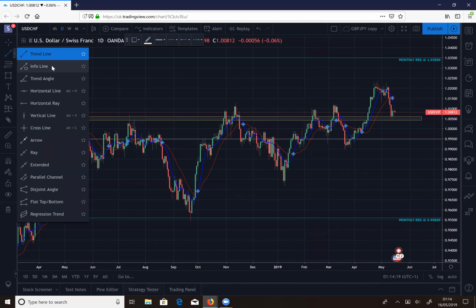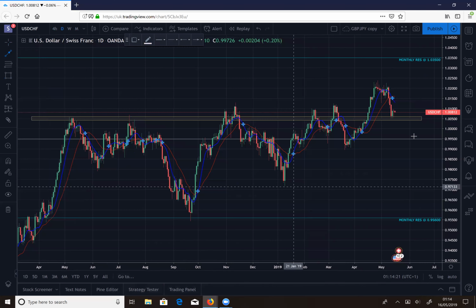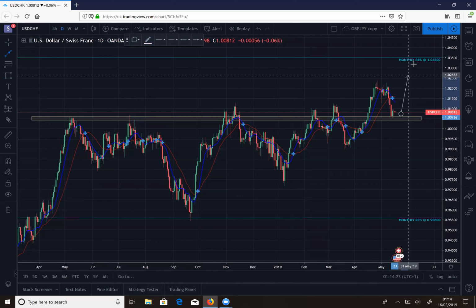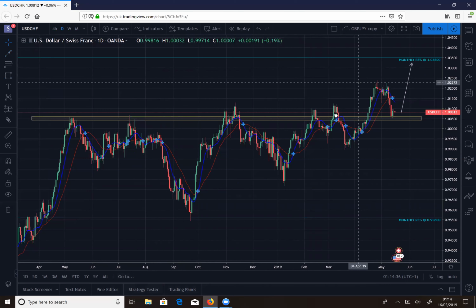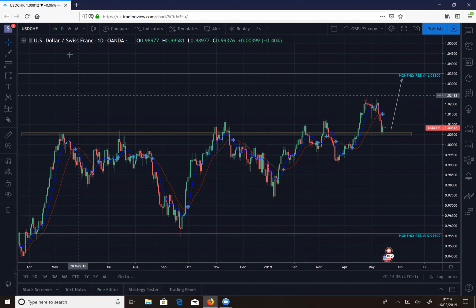Okay, so you can see I'm just using my daily key level to help me distinguish that this here is actually a break and a retest. We've got the ascending wedge, and we've also got those Fibonacci's all pointing upwards.